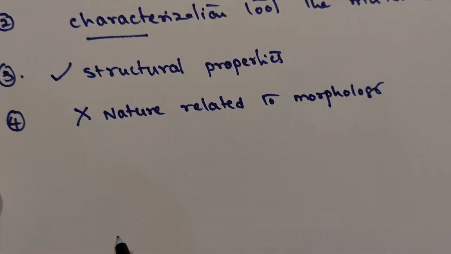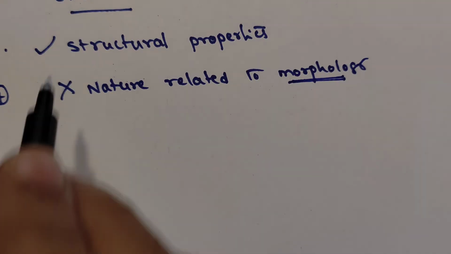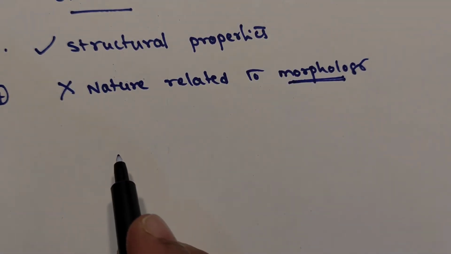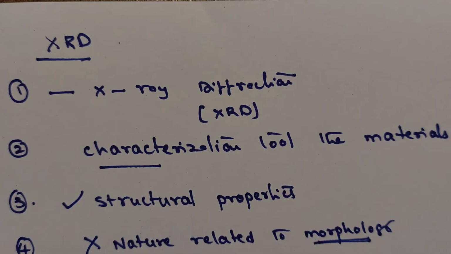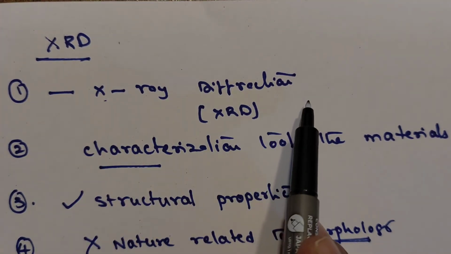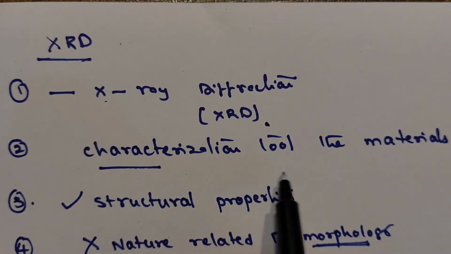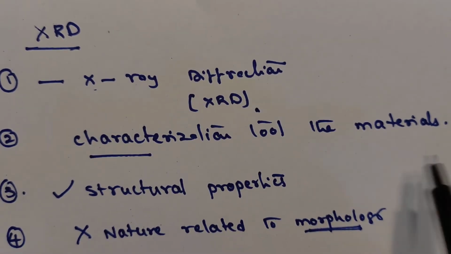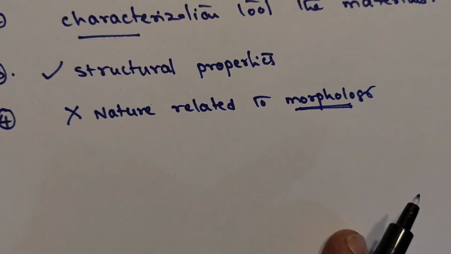Structural properties we can measure, but morphology-related information we can't get from the X-ray diffraction technique. Again, XRD's full form is X-ray diffraction. It is a characterization technique to characterize the structural properties of a material, but it won't give information about the morphology.